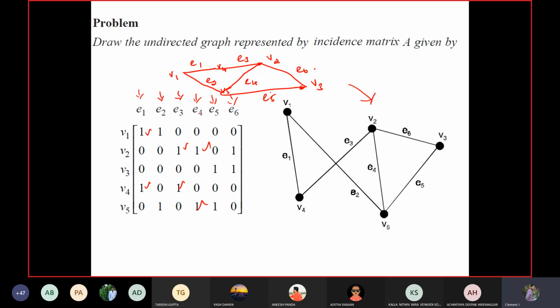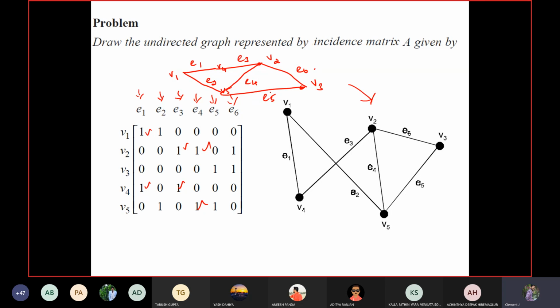Okay. Hope you have understood the logic between the incident matrix and the adjacency matrix. In your adjacency matrix, you kept each row fixed, and found between which vertices there is a connection, which is considered an edge.